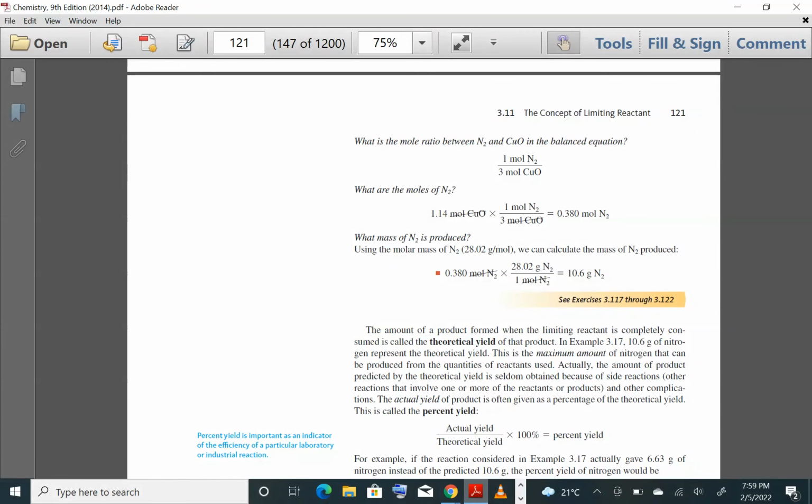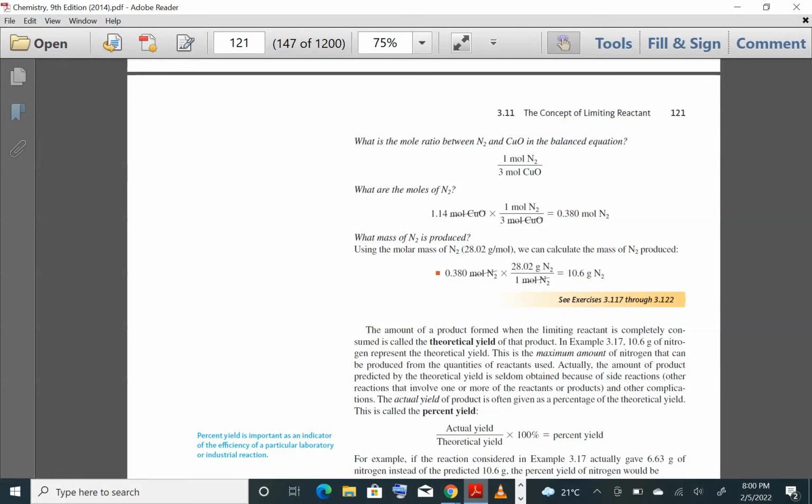So then you want to find the percentage yield. So the percentage yield is the actual yield, which is the amount which you've collected from the reaction, over the amount which you were expected to collect if there were no side reactions, any product lost in the process of collection, etc. So that's the equation. The actual yield over theoretical yield times 100% gives you percentage yield.